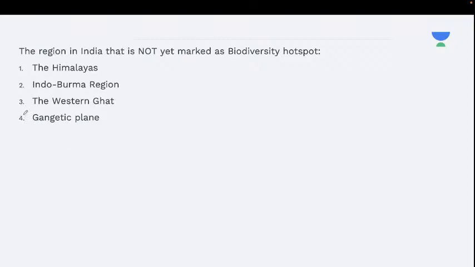This is Gangetic Plain. The Himalayas, Indo-Burma region, Western Ghat, so they have huge biodiversity hotspots. Very important biodiversity hotspots as well.